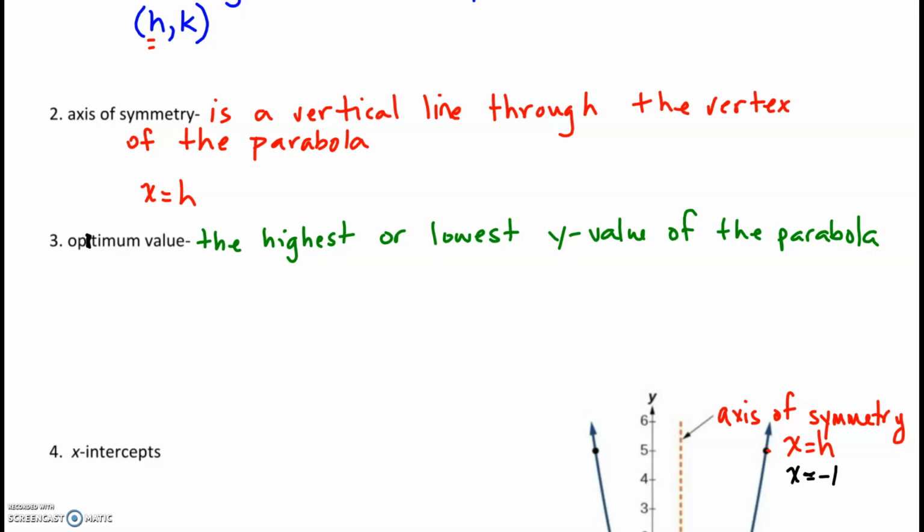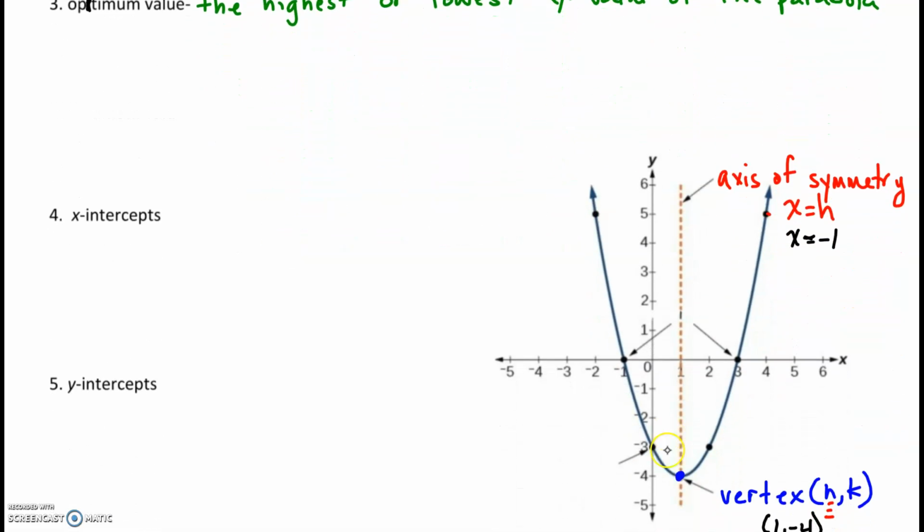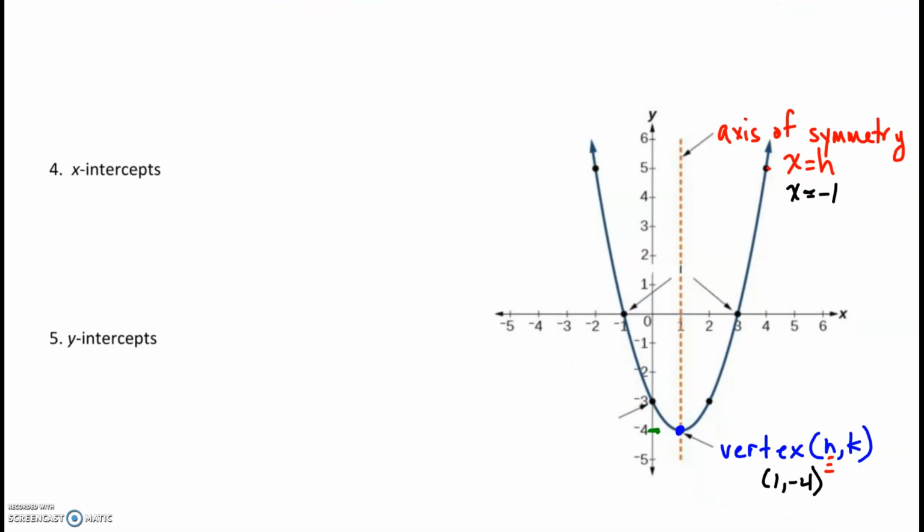So when we look at our example, the lowest y value right here is going to be -4 for this one. And what do you notice in the vertex? It's the y value of the vertex.